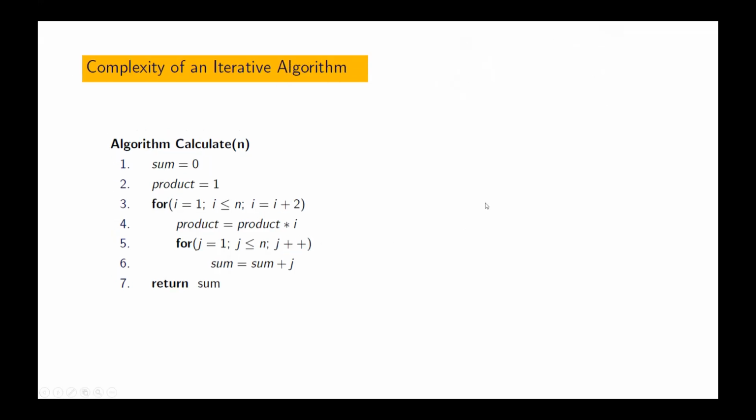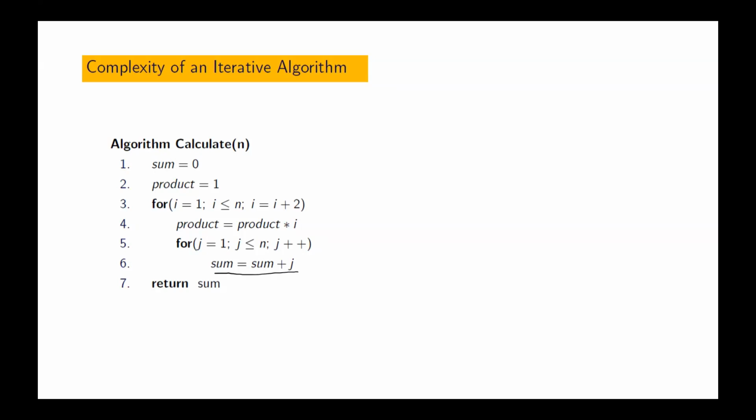Now you please tell me, in this case, how many times is this operation performed? Total n square by 2.